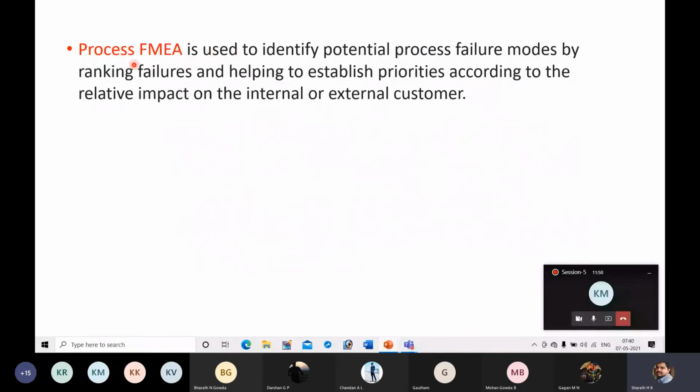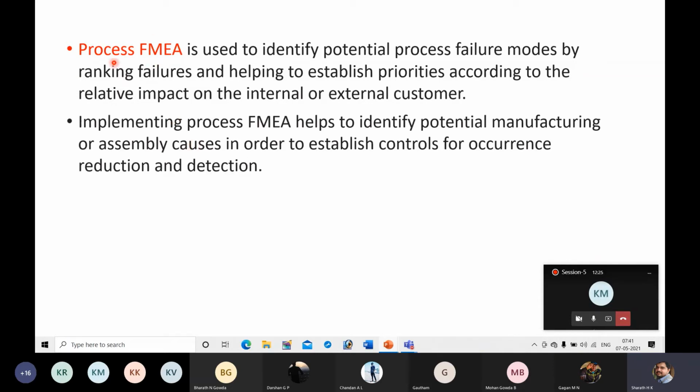Process FMEA, process failure mode and effect analysis, is used to identify potential process failure modes by ranking failures and helping to establish priorities according to the relative impact on the internal or external customers. So already we discussed what we mean by internal and external customer in one of the classes. In process FMEA, we are worried about failures that will occur during manufacturing.